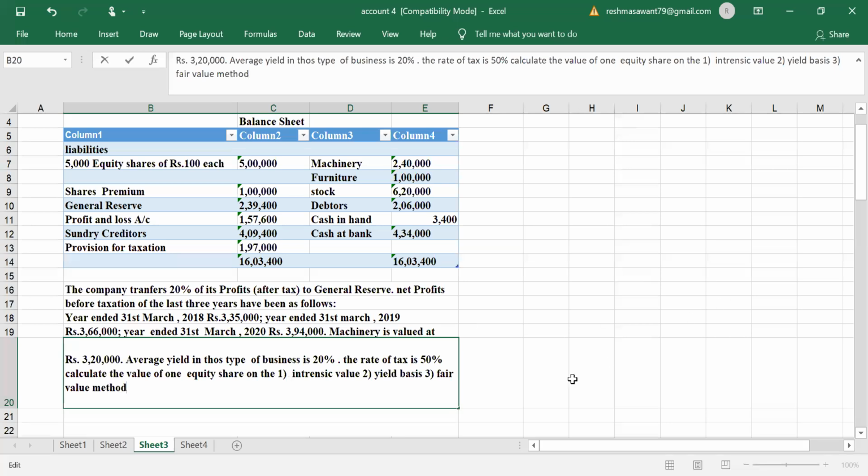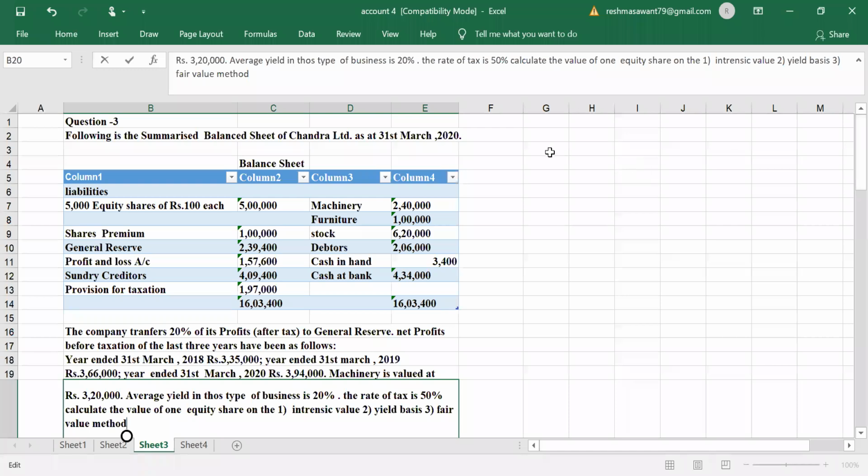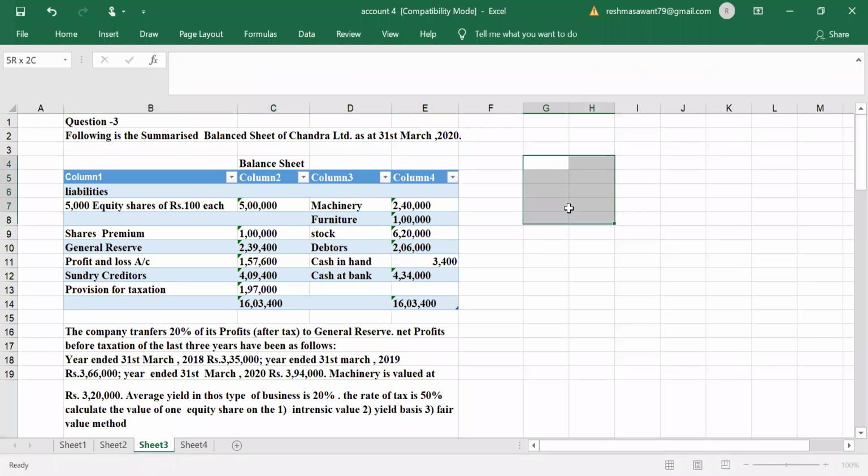Okay, done. Now we discuss how to solve this heading by heading with the given information. We are using the same portion for calculating the various headings.